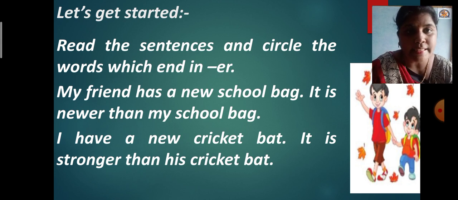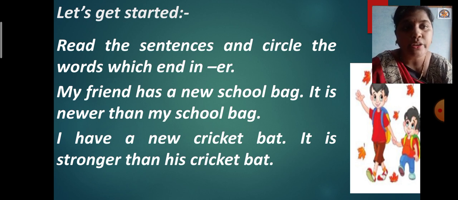Sentence number 2 is: I have a new cricket bat. It is stronger than his cricket bat.